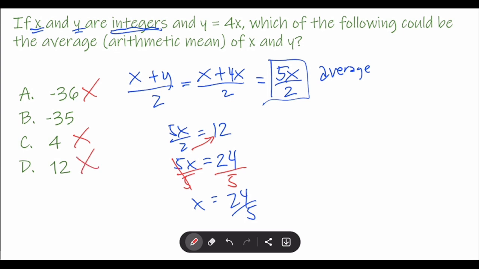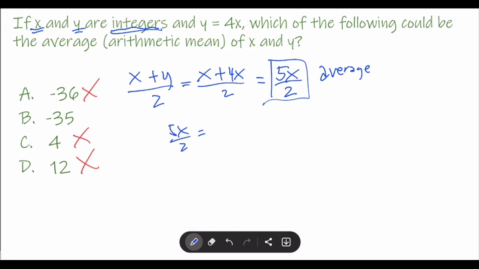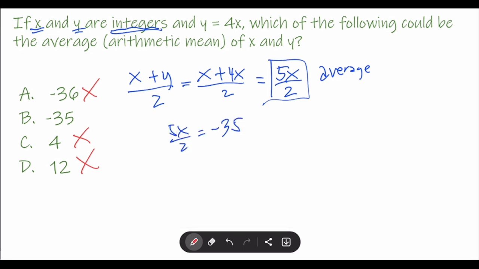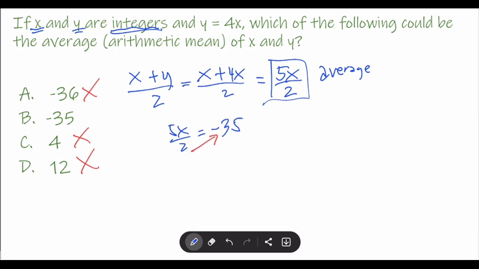Then we're going to check B. Since it's the only option left, it might be the answer, but it could also be that there's no correct answer. So let's change the right side into answer B, which is negative 35. Assuming that the average is negative 35, we cross multiply, so 5x equals 2 times 35, which is 70, and it's negative since they have different signs.